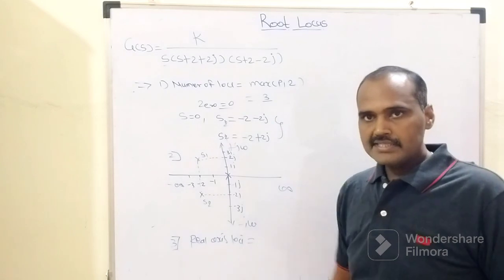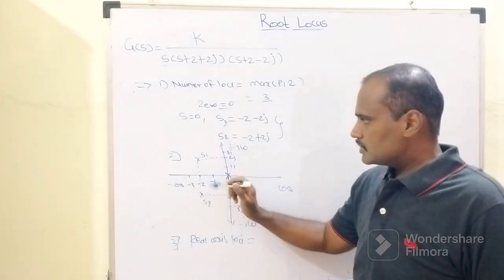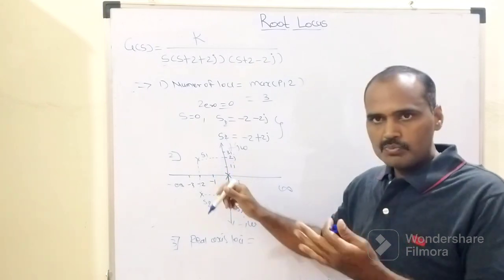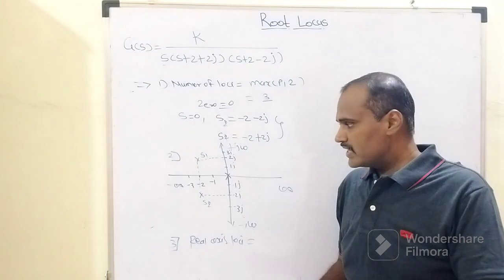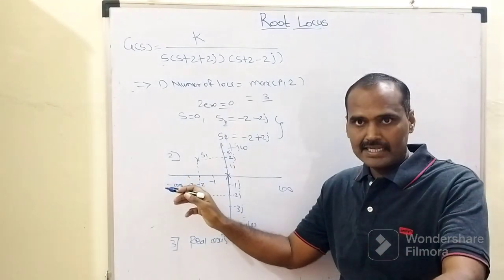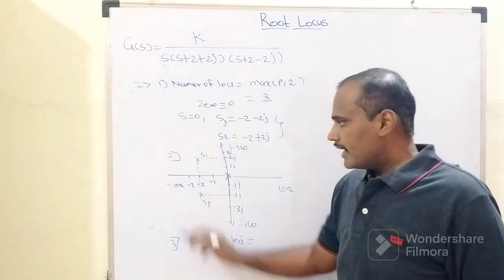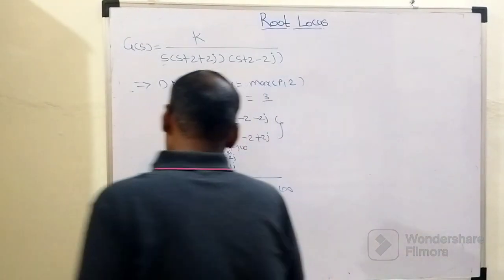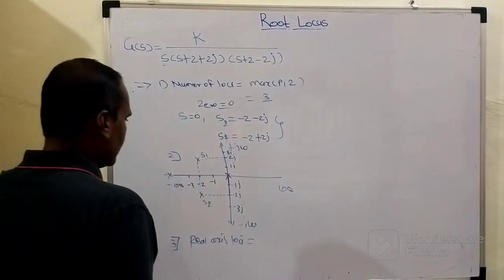Then the second pole, present at this point, is minus 2 plus 2j and minus 2 minus 2j. Apart from this, by default we always have one pole present at the dead end of the real axis towards the negative side, at minus infinity.